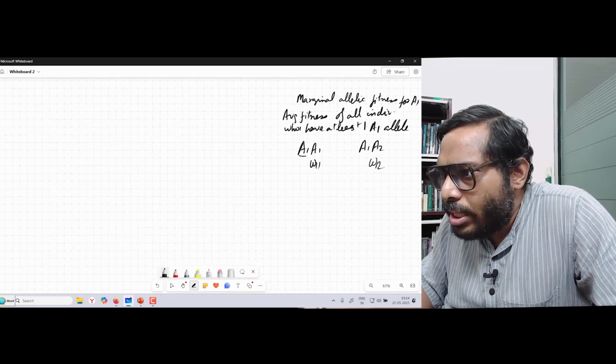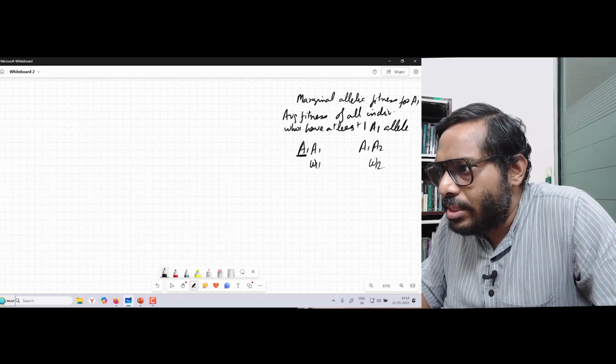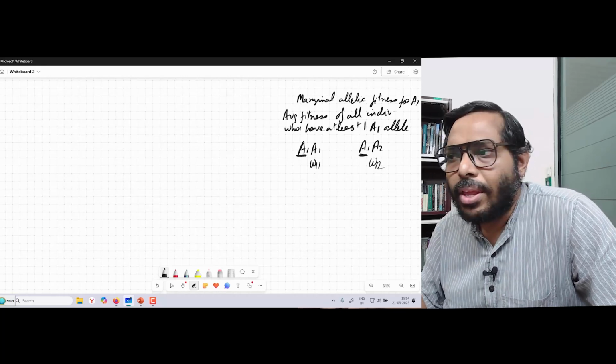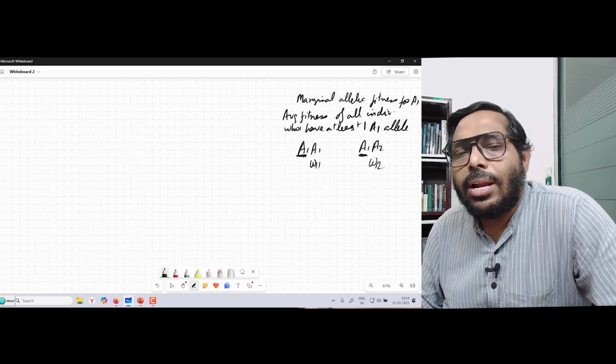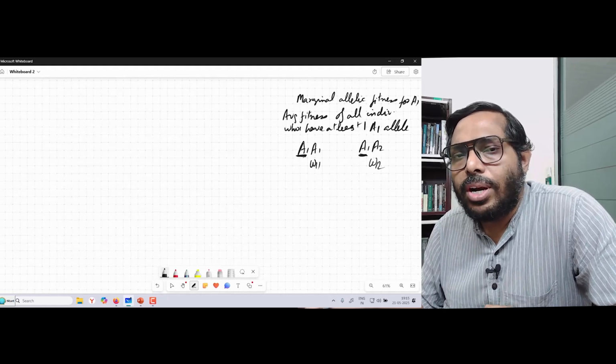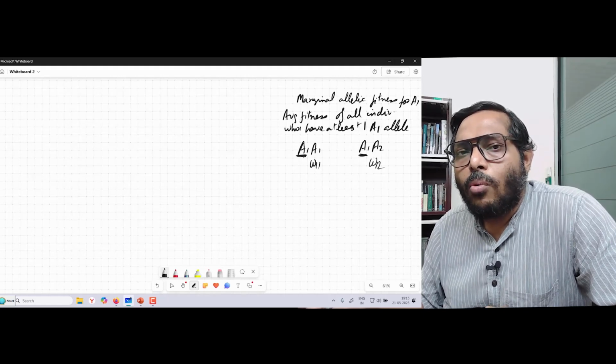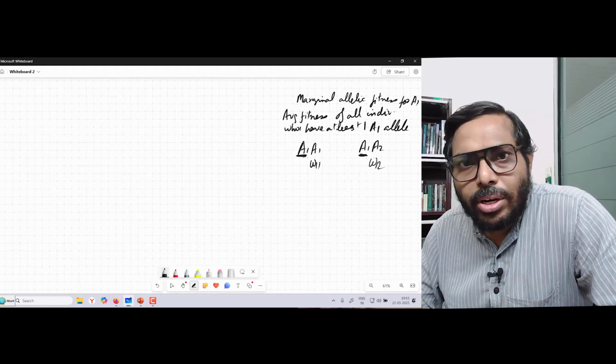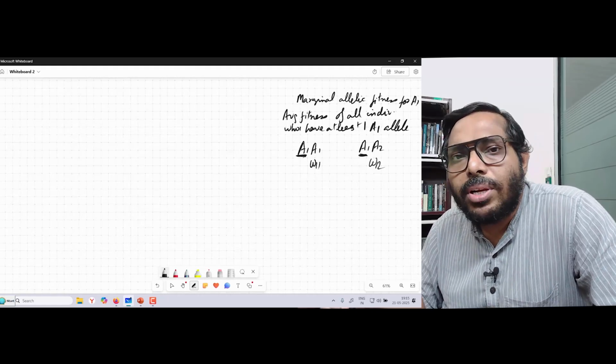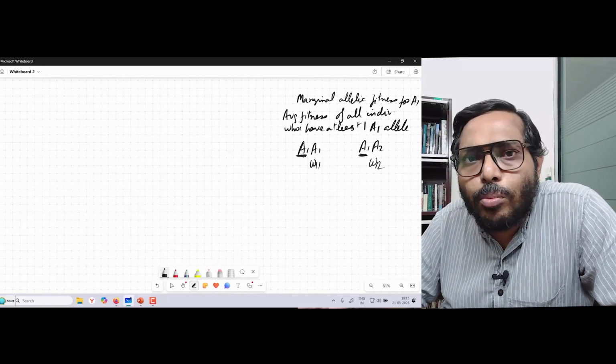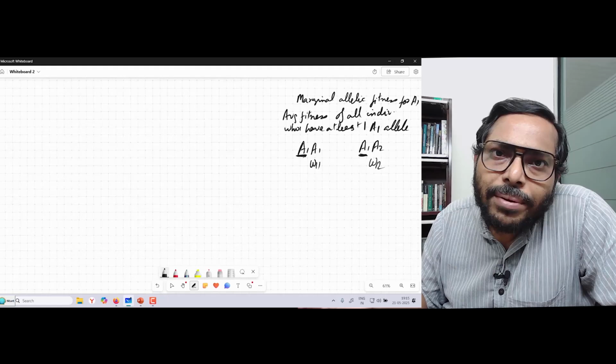Let us say that one allele is fixed as A1, so we have already picked it up. Assuming random mating, what is the probability that the other allele you pick is also A1?